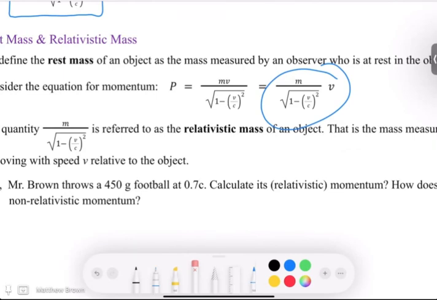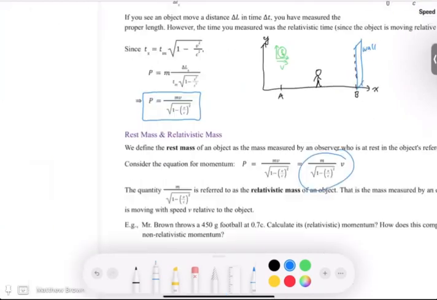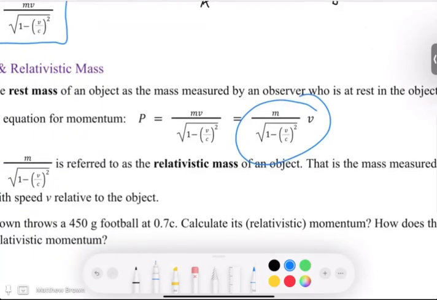If you imagine a particle like we had up here, and maybe at B is an actual wall, it's going to hit the wall, and depending on its momentum, it's going to make a dent or do some damage. You could say, wow, it seemed like it had more mass, because it did damage as if it was more massive than someone who weighed that thing at rest would have measured.